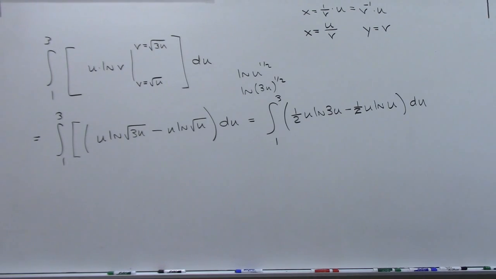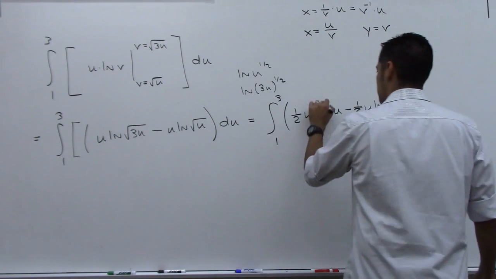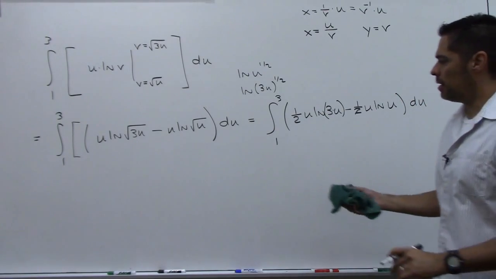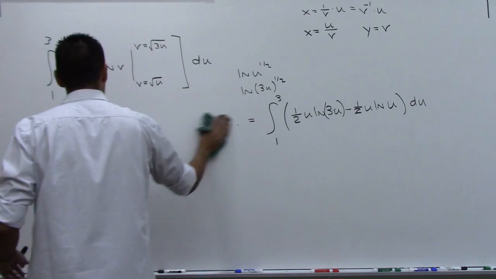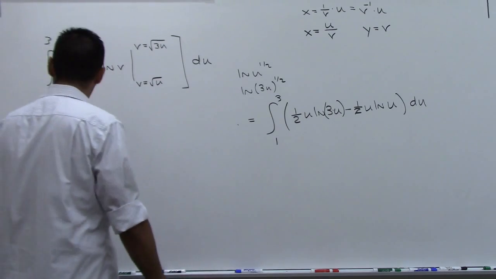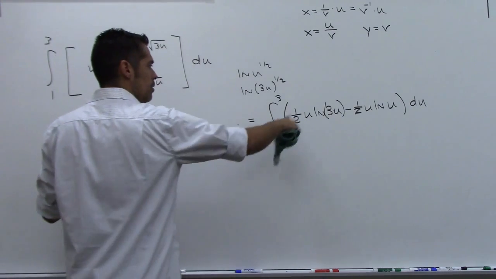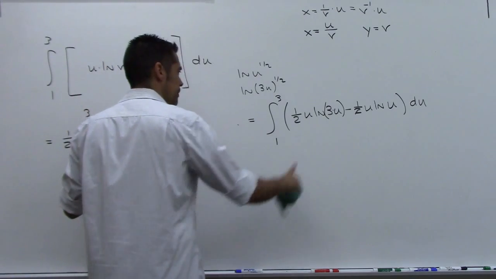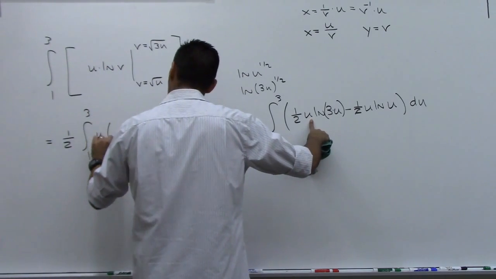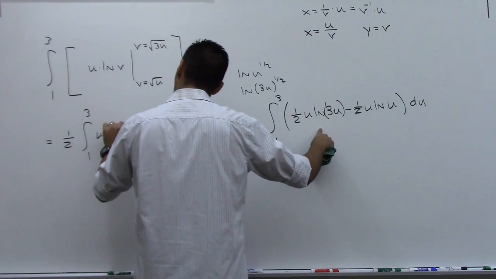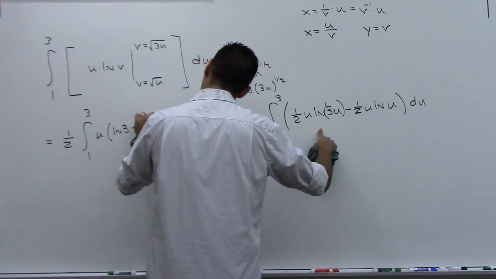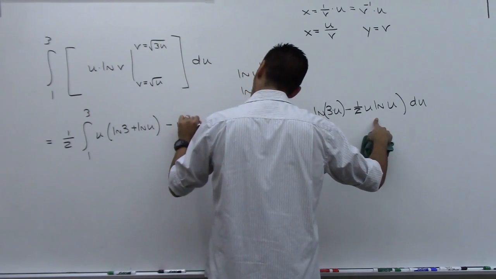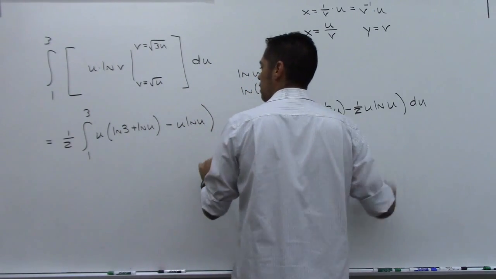And a couple other things I can do here. This right here is a product inside of a log, so I can split it into two logs. I'm, again, using more properties of logs here. How about they both have a 1/2? So I'm going to pull 1/2 out, integral 1 to 3. So I have u, and then remember this splits into two different things, natural log 3 plus natural log u. And then minus u natural log u, with the half already out.